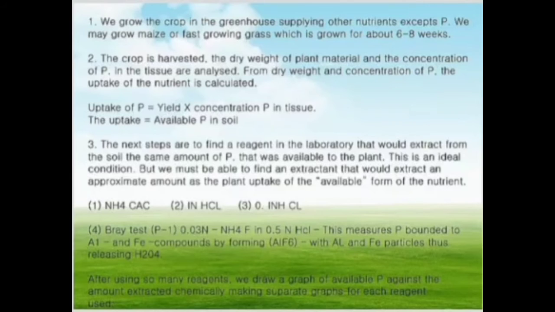The next step is to find a reagent in the laboratory that would extract from the soil the same amount of P that was available to the plant. This is an ideal condition, but we must be able to find an extractant that would extract approximately the same amount as the plant uptake of the available form of the nutrient.